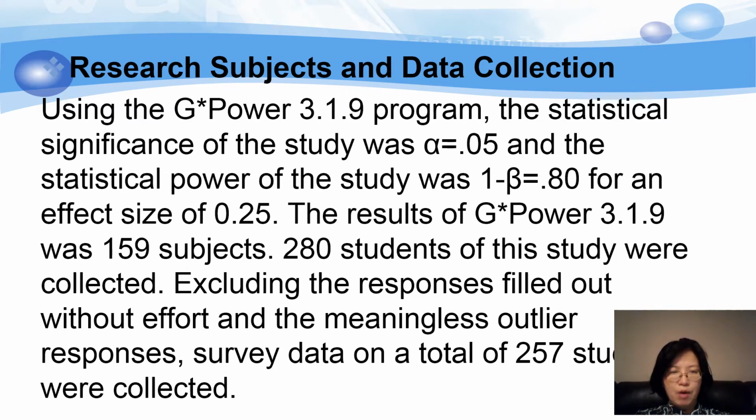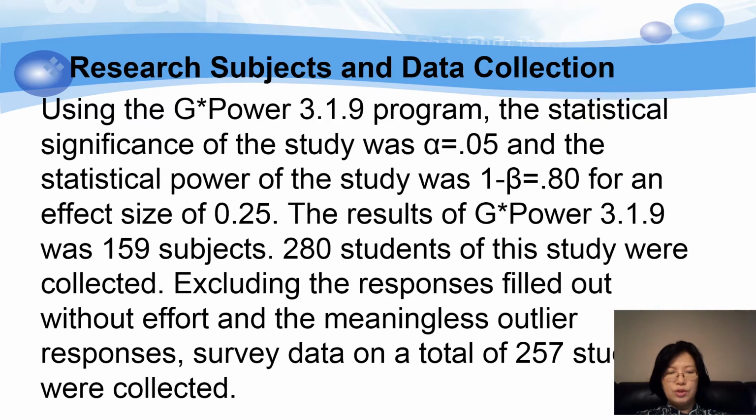Using the G-Power 3.19 program, the statistical significance of the study was alpha is 0.05 and the statistical power of the study was 1 minus beta is 0.80 for the effect size of 0.25. The result of G-Power 3.19 was 159 subjects.